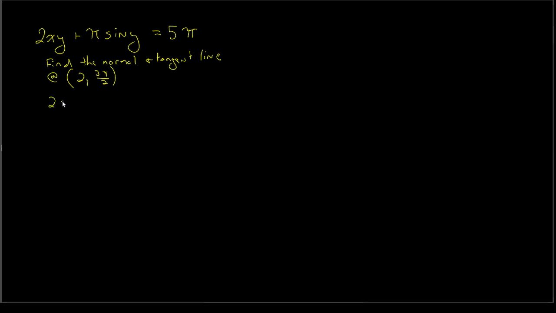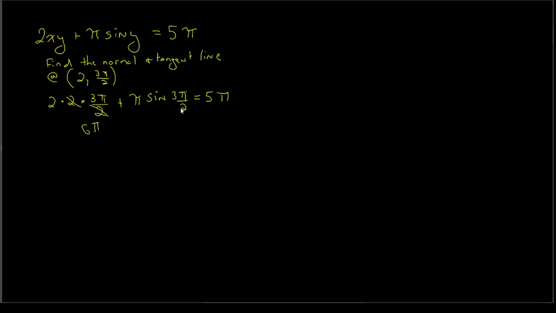So we have 2 times 3π/2 plus π times sine of y equals 5π. And the sine of y is 3π/2, so sine of 3π/2... So 2 times 2 is 4, we'll cancel one of these out, we'll have 6π.